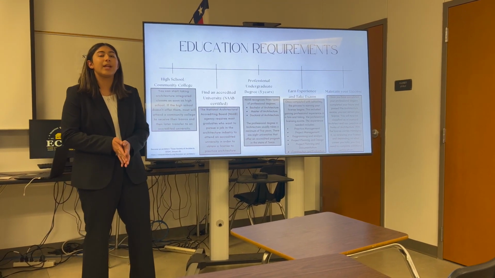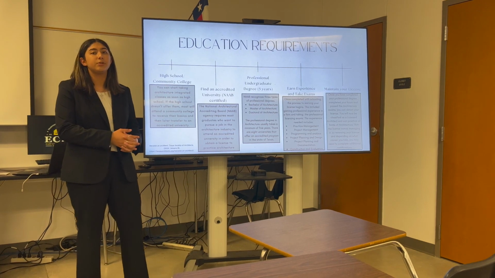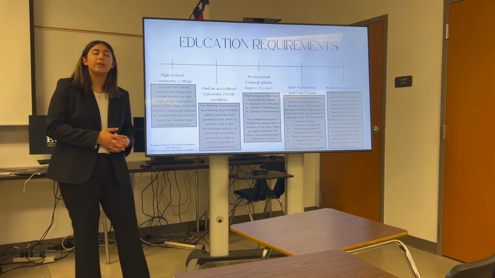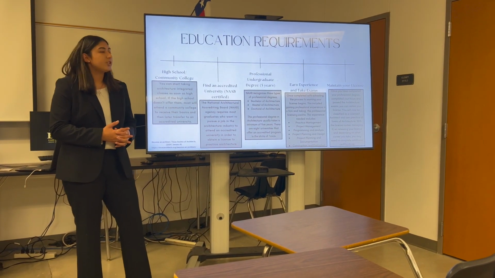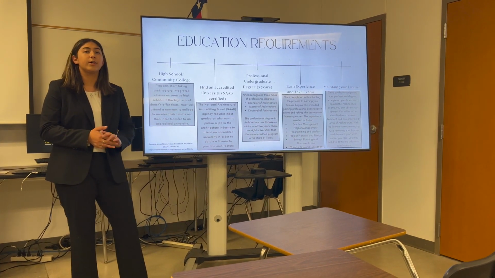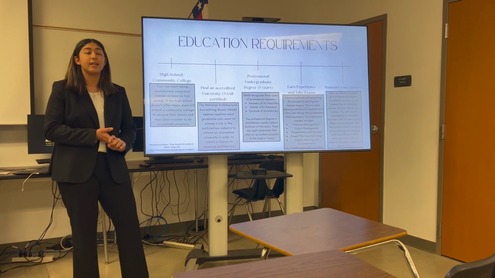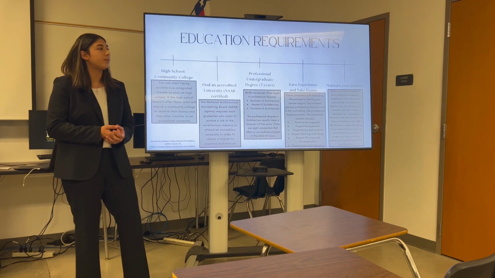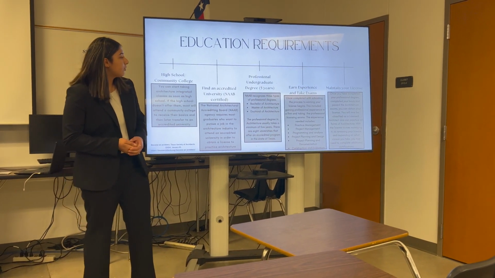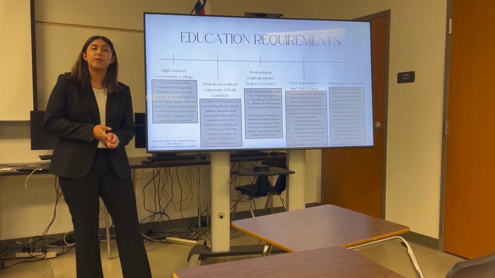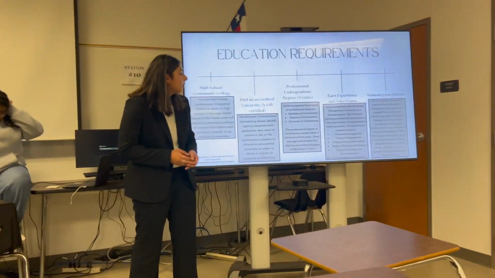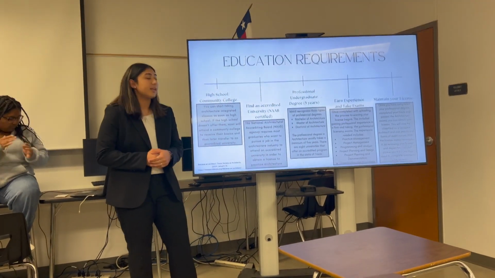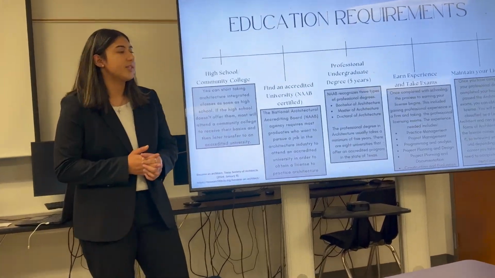Once completed with school, NAAB requires you to have a minimum of 2 years working under a firm as an intern, and this is just so you may gain experience to cover concepts that will be later tested in a test that you will need to pass in order to receive your license. And this just goes over practice management, project management, programming and planning, project planning and design development, as well as construction and analysis.